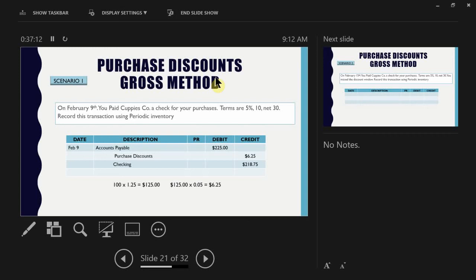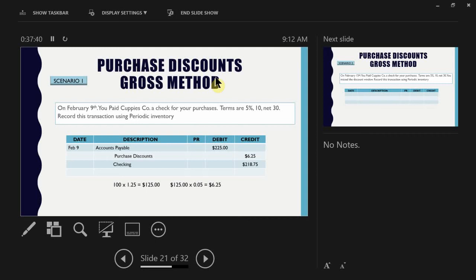Now in this case, just as generic as possible, purchase discounts is going to be the account. So first thing first is when you owe somebody money, you have to pay back exactly how much you owe. However, because we received a discount, we need to create that line item where it allows us to calculate how much the discount was.